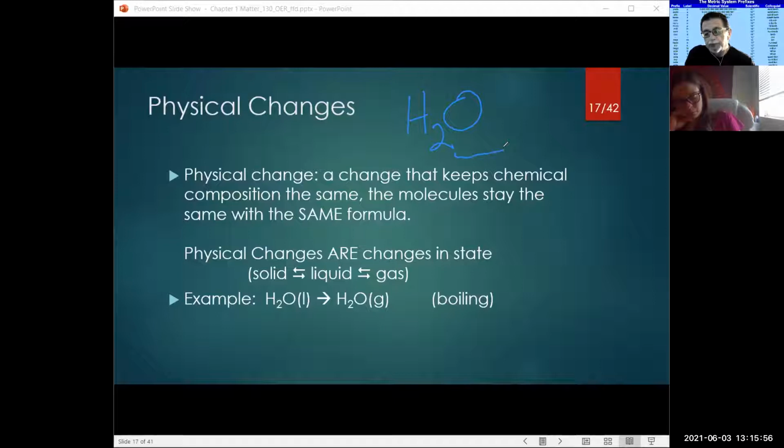Now the subscript here tells us that there are two hydrogens. And so obviously oxygen has no subscript, so it's assumed, like in mathematics, to be equal to 1. And we can have a variety of different ways that we write chemical structures.